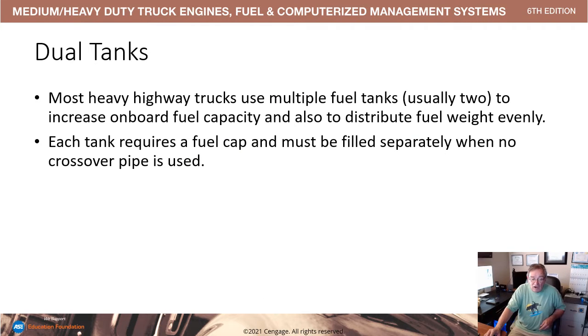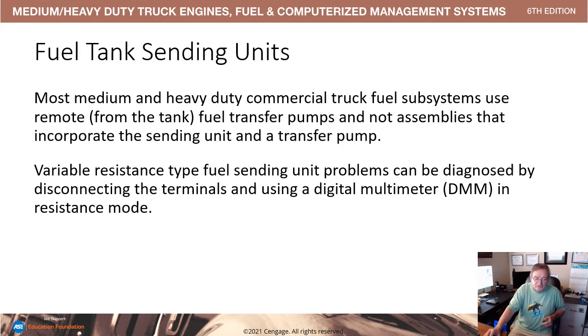Most heavy highway trucks use multiple tanks, usually two, to increase onboard fuel capacity, also to distribute the fuel weight evenly. Each tank requires a cap, and each tank must be filled separately when no crossover pipe is used, but typically most of our highway tractors will have crossover pipes or crossover tubes utilized.